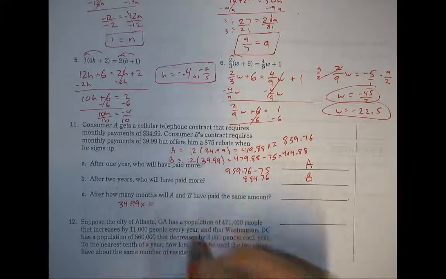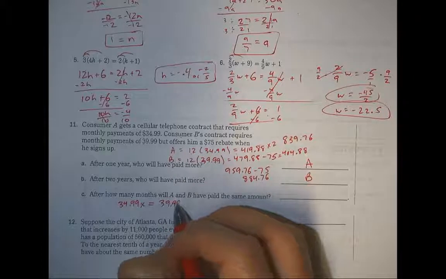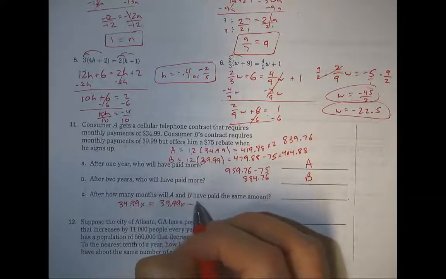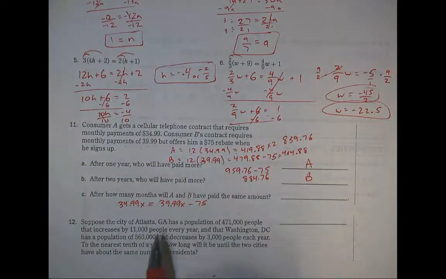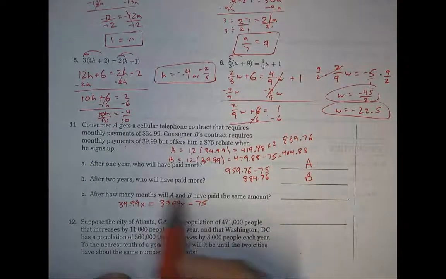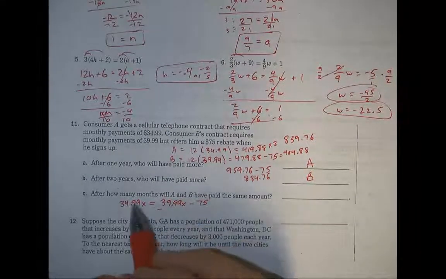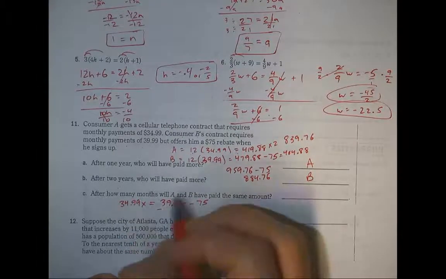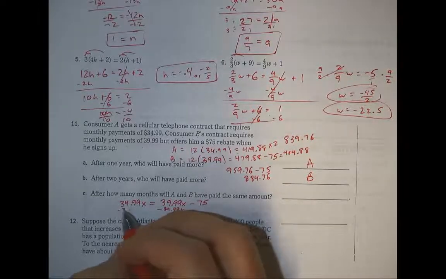We want to know when does that equal the other one, which is $39.99 times the number of months minus 75. So those are our two different cell phone companies. We're going to find out when are they equal to each other. So I'm going to go ahead. You could minus the smaller one, but you're going to create a 0. So I'm going to go ahead and minus this x.